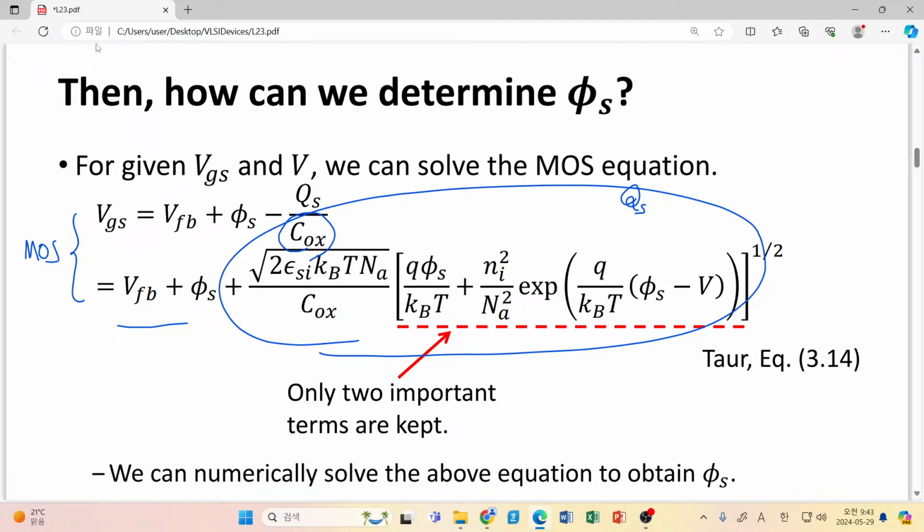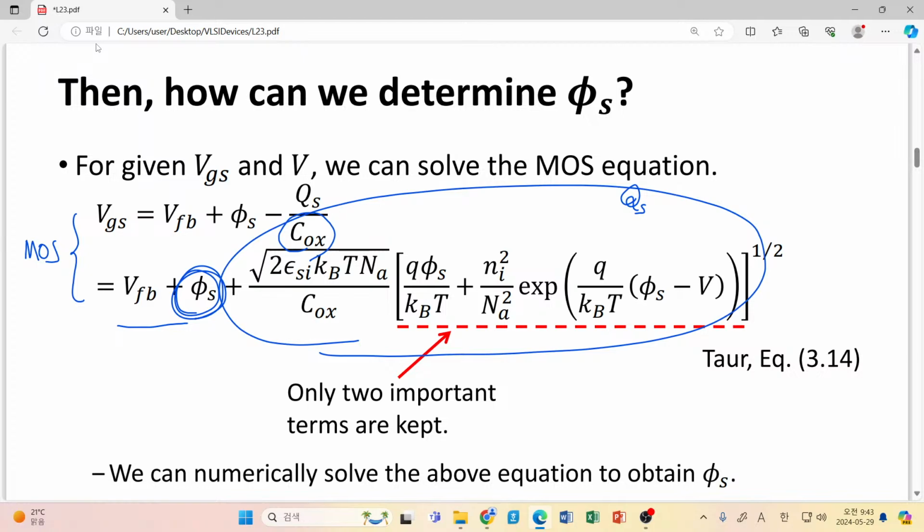Then maybe you can ask me the question, is it allowed? Yes, if we restrict ourselves to the depletion region and inversion region, then we are quite safe to use only this simplified one. So by solving this simplified MOS equation, you can always calculate your surface potential.